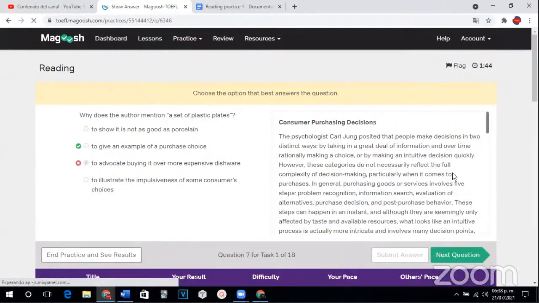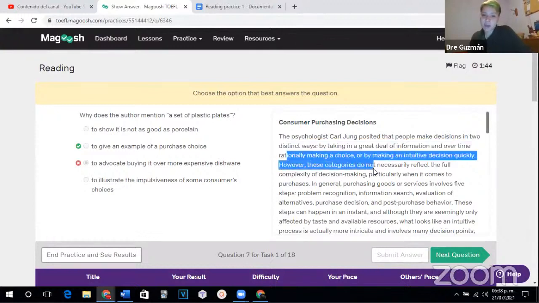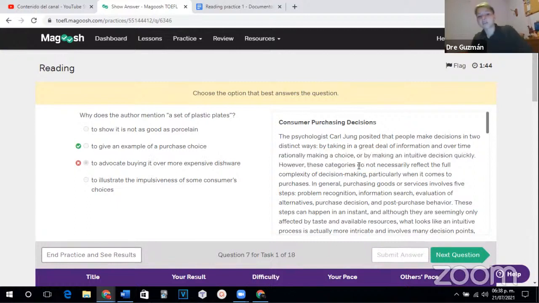That one. Here, yes, because it's comparing a different situation, or it's explaining how this choice is made. So it's explaining that a person buys a set of plastic plates because of their economic position. Sometimes when the answers give very specific information, as I tell you, they're going to play around with information like that. They'll include little parts that are not true, or sometimes the whole thing sounds true, but this little tiny detail is not true.